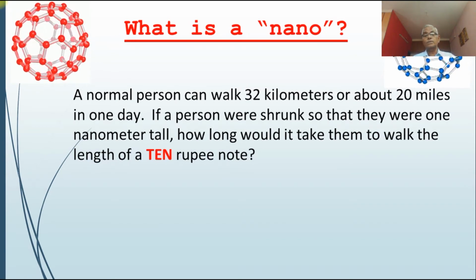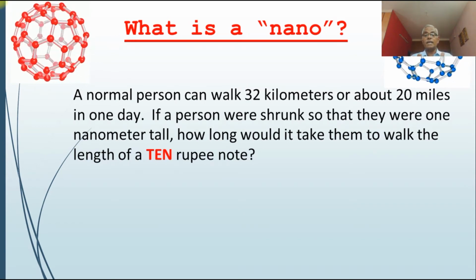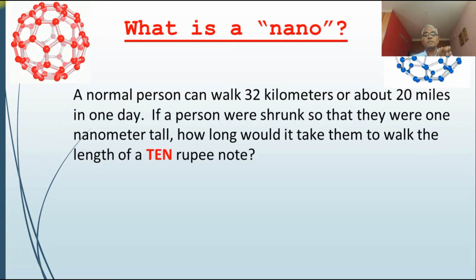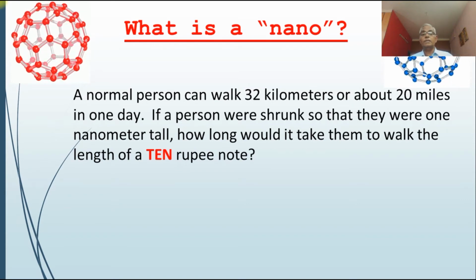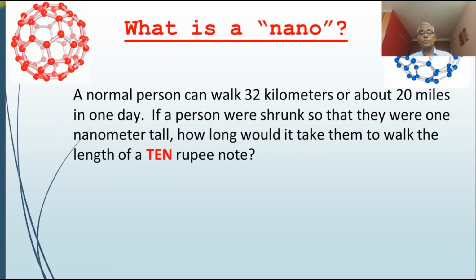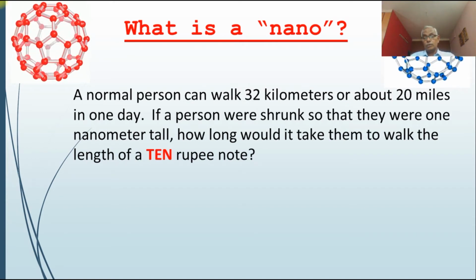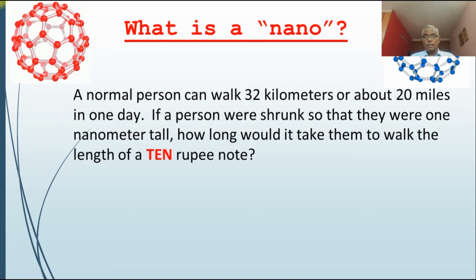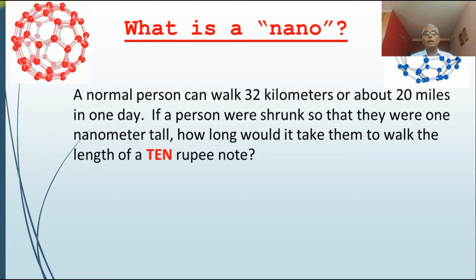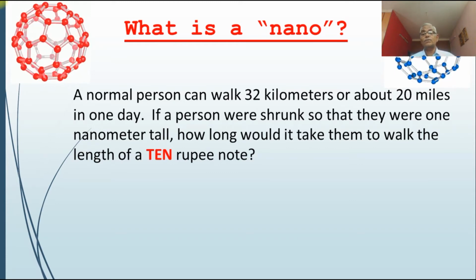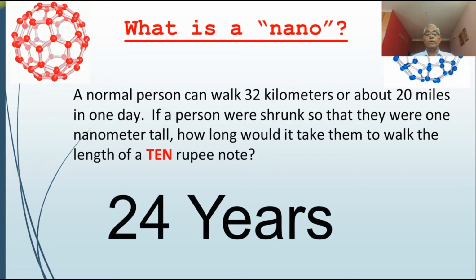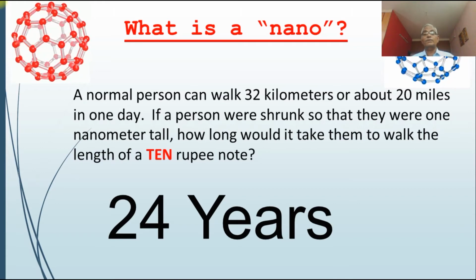If we place that 1 nanometer tall person on one corner of the Indian 10 rupees note, how long will it take to cross the total length from one corner to the other? You may guess for a while, but it will be 24 years.